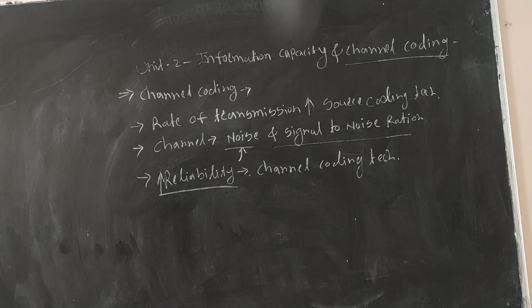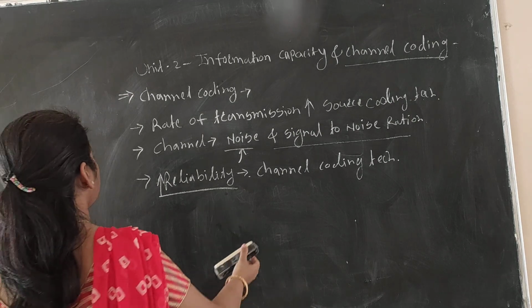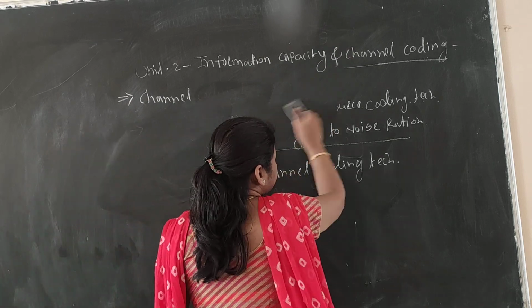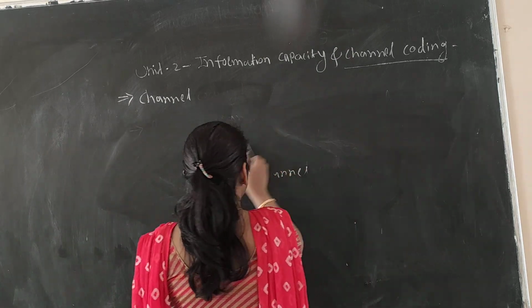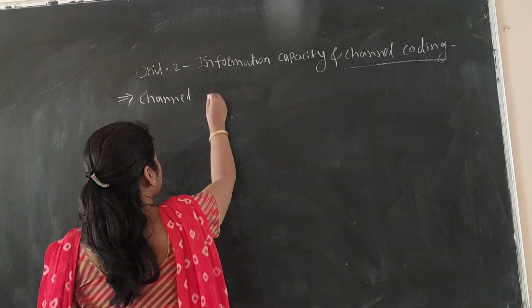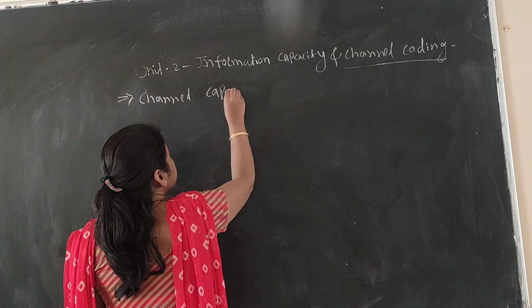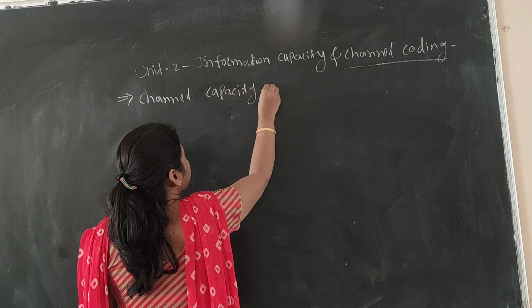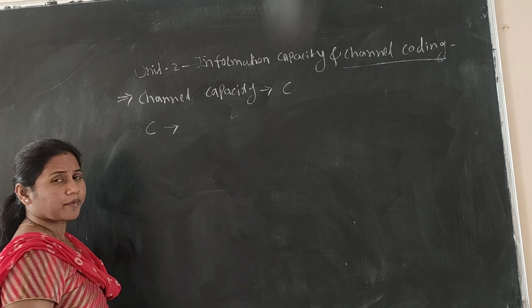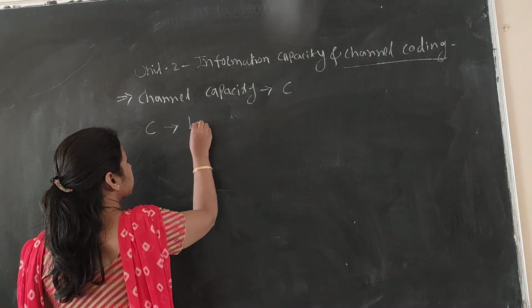Now, the channel capacity. How can we define the channel capacity? Channel capacity is denoted by capital C, and its unit is bits per second.